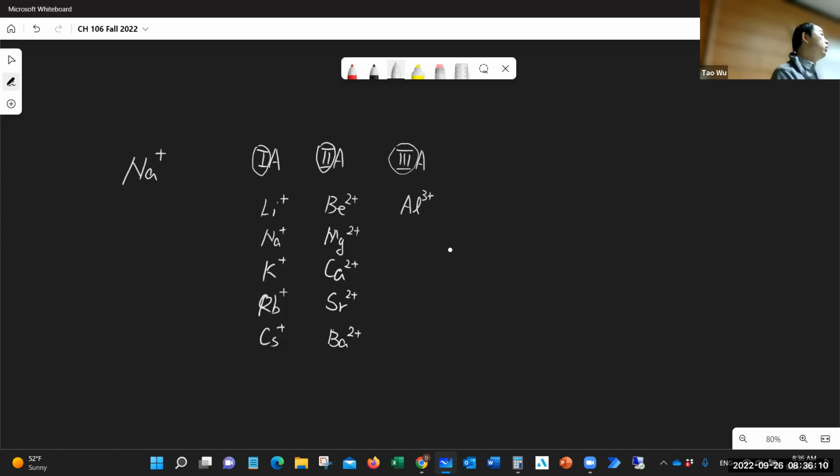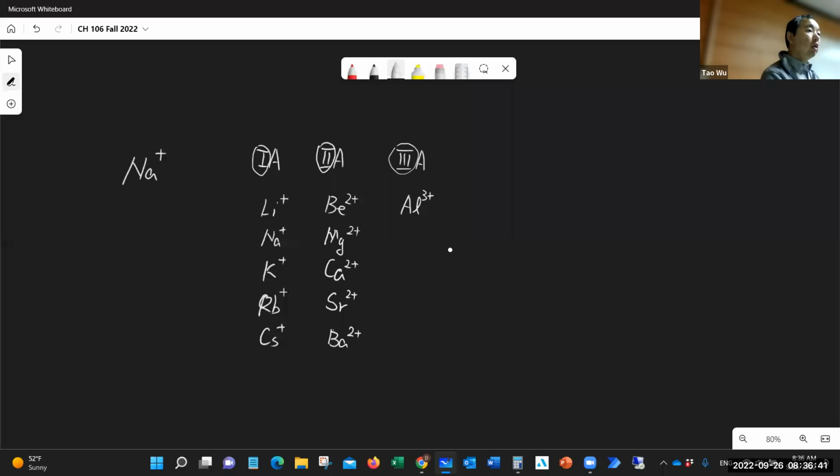If I give you an element and ask for its charge, you don't want to go back to the common ion sheet for every question. So if you can remember some of these, that's going to be great.